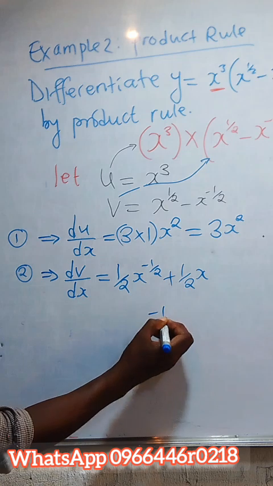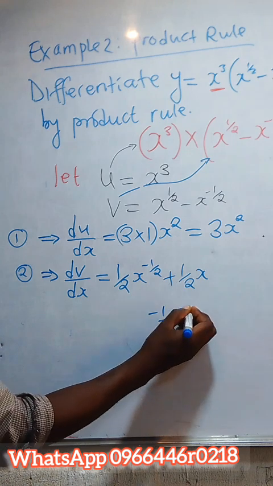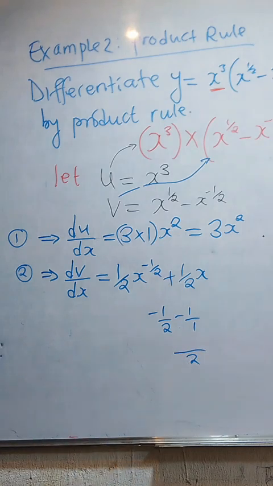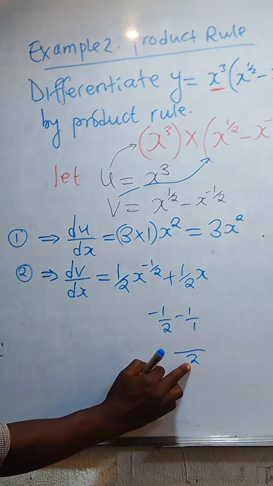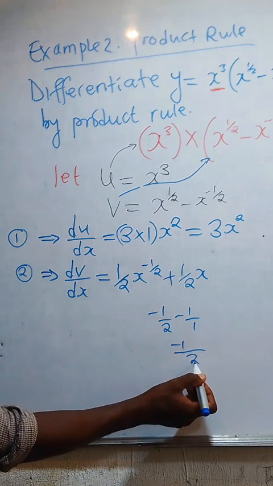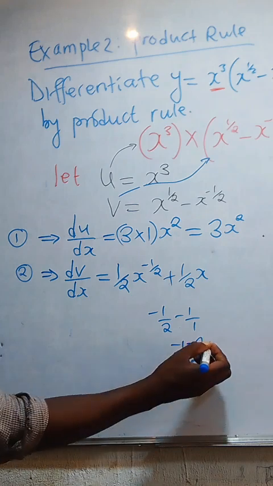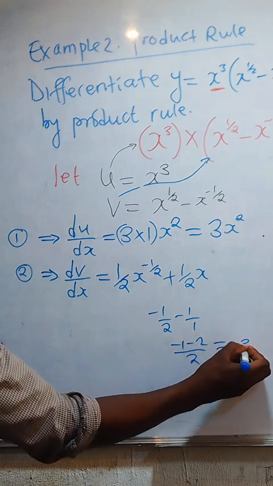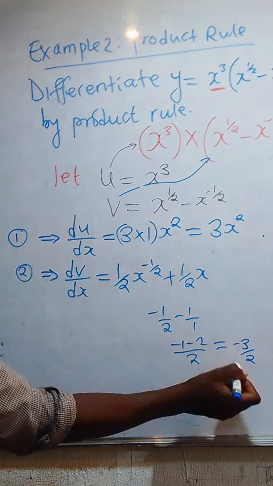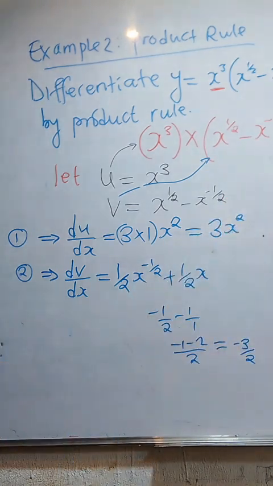So negative half minus 1 is over 2, lowest common denominator, so 2 into 2, it's 2 times 1, negative 1, 1 into 2, it's 2 times this 1, it's going to be negative 2, and this is going to be negative 3 over 2. Okay, so this is the result of the power after we subtract 1 from negative half.